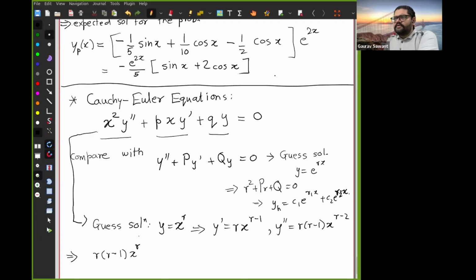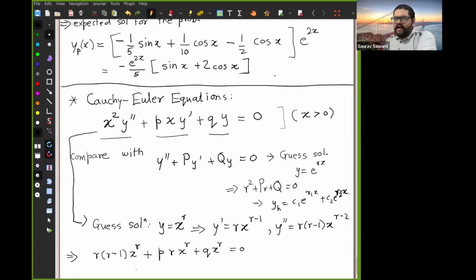Okay. You make that substitution, you get r into r minus 1 x power r, because there is an x power r minus 2 and there is an x square, plus p r x power r plus q x power r equal to 0. Now x power r is common, and such equations always necessarily have x strictly greater than 0.